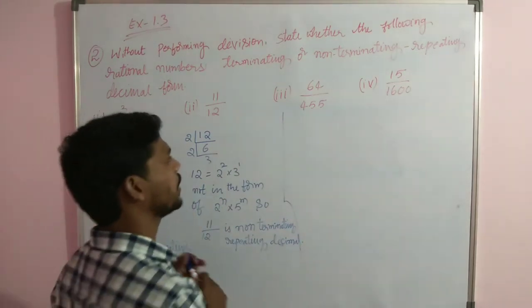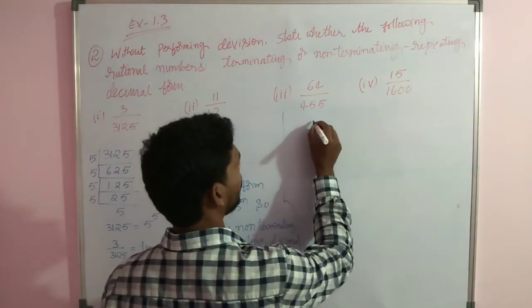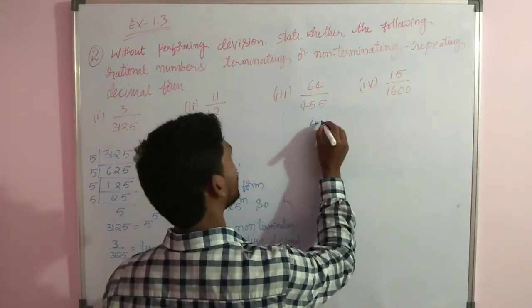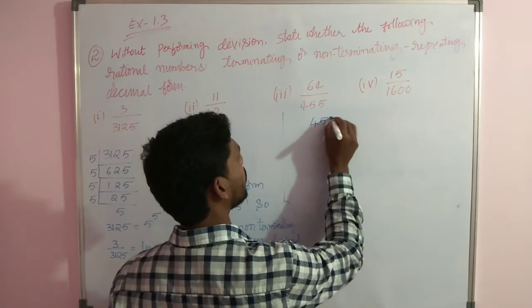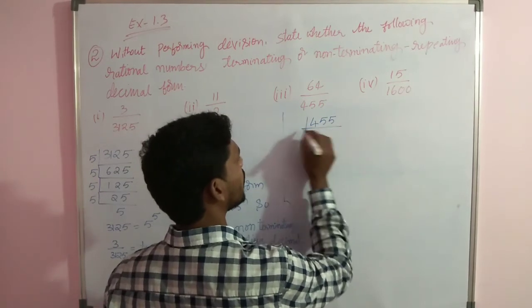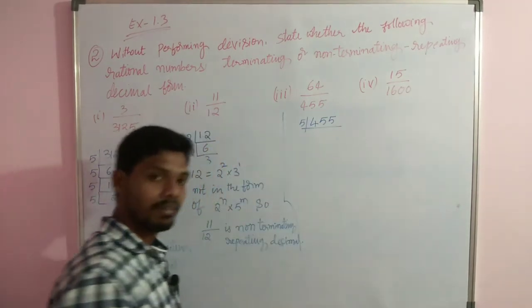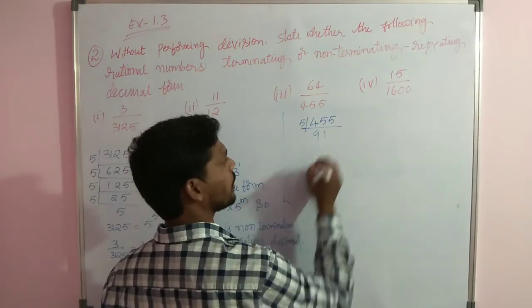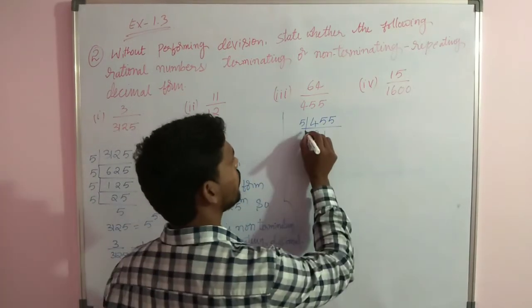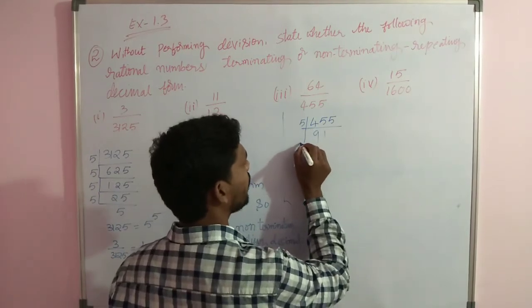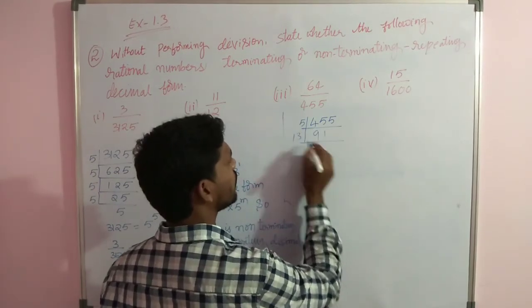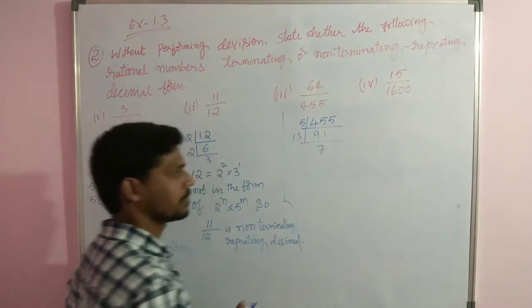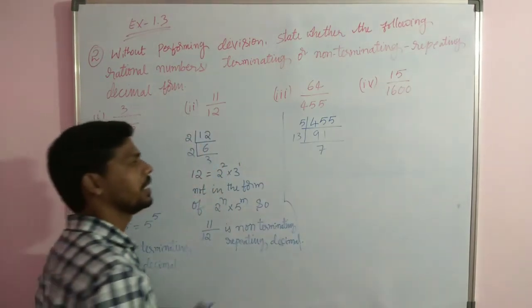64 by 455, here the denominator is 455. The units place is 5, so divide by 5. 5 nines are 45, 5 ones are 5, so 91. 13 sevens are 91.